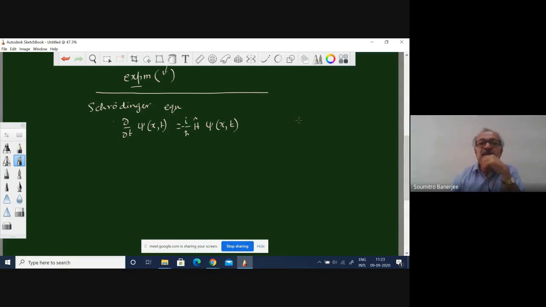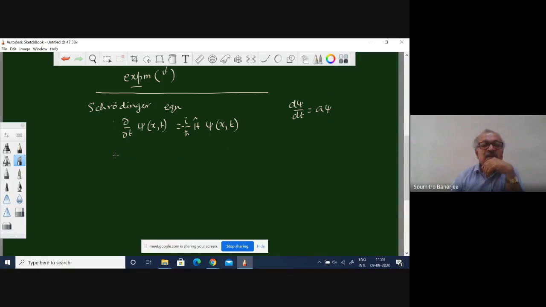Now, if there is an equation like, say, d psi dt is equal to a psi, how do you solve it? You can easily solve it the way you would solve it as an exponential.